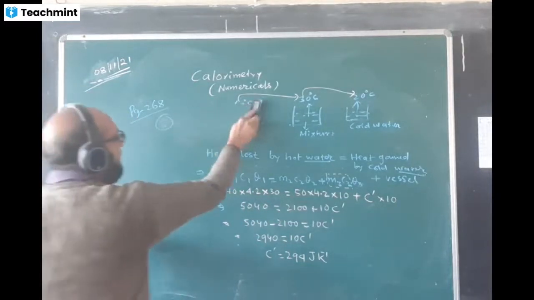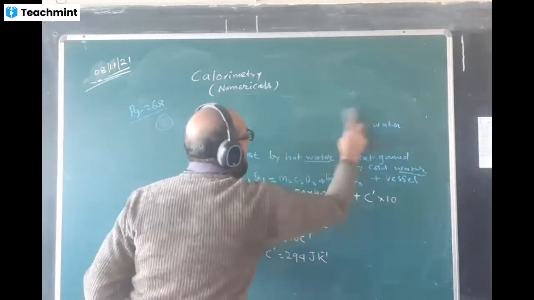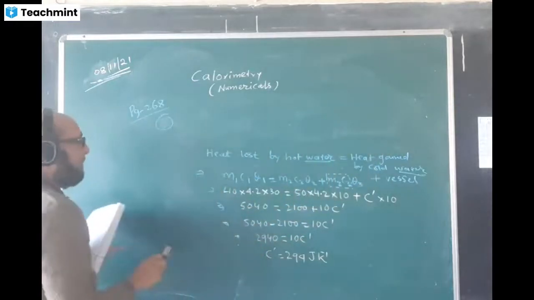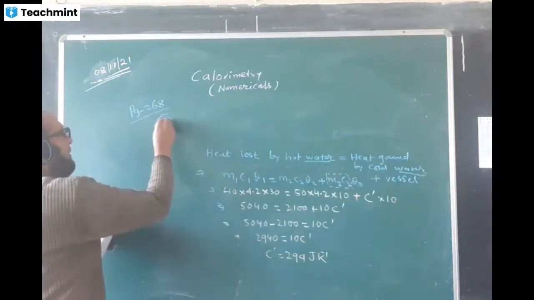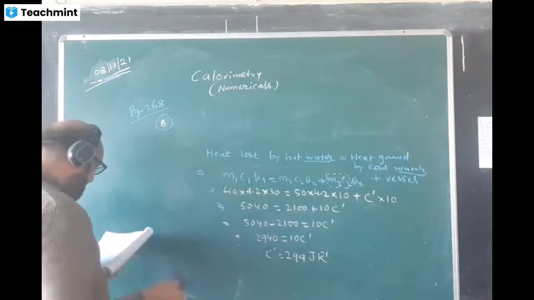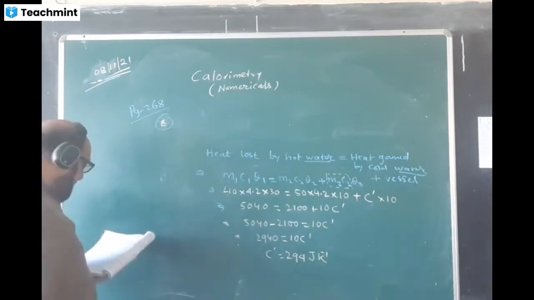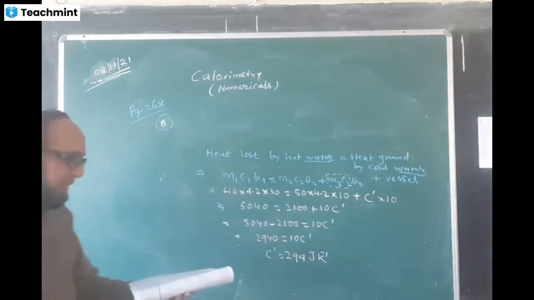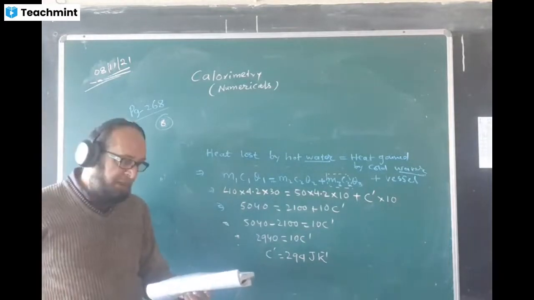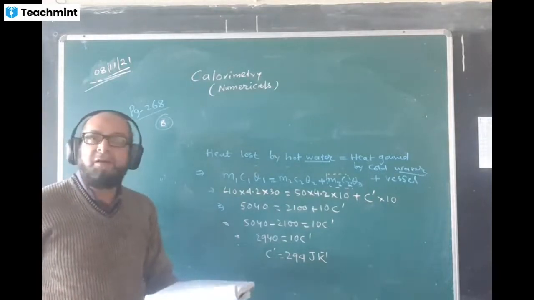Example 8. Question says, a metal piece of mass 20 gram is heated to a constant temperature of 100 degrees Celsius.